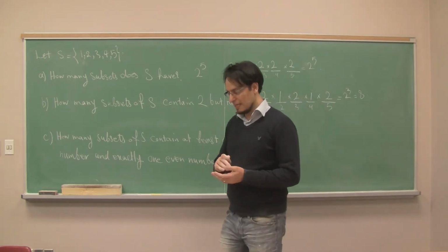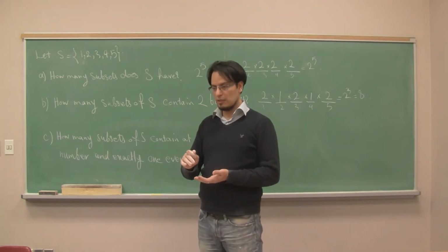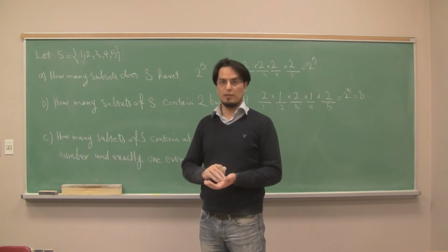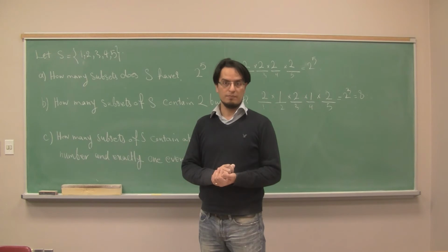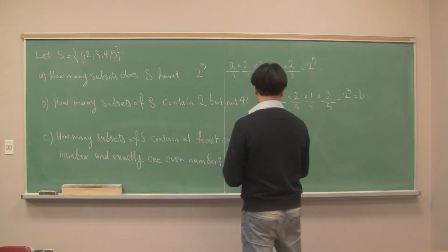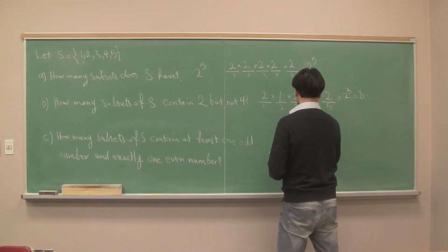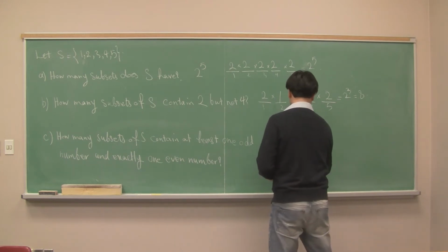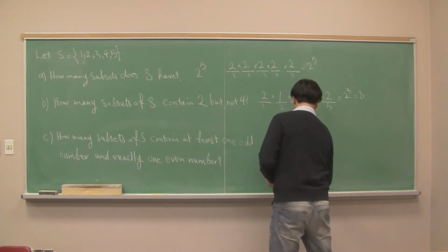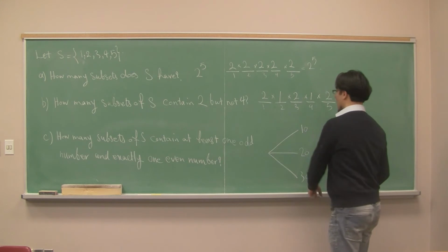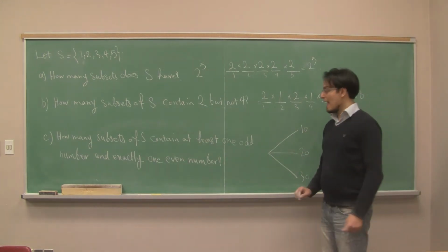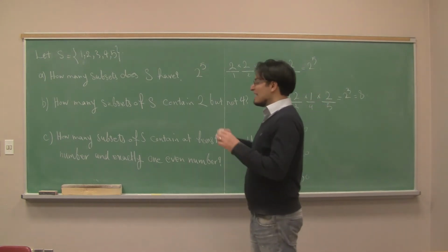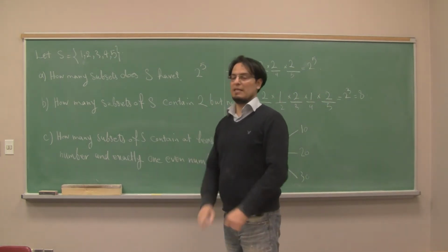It means that it has either exactly 1 odd number, 2 odd numbers, or 3 odd numbers. And it contains exactly 1 even.